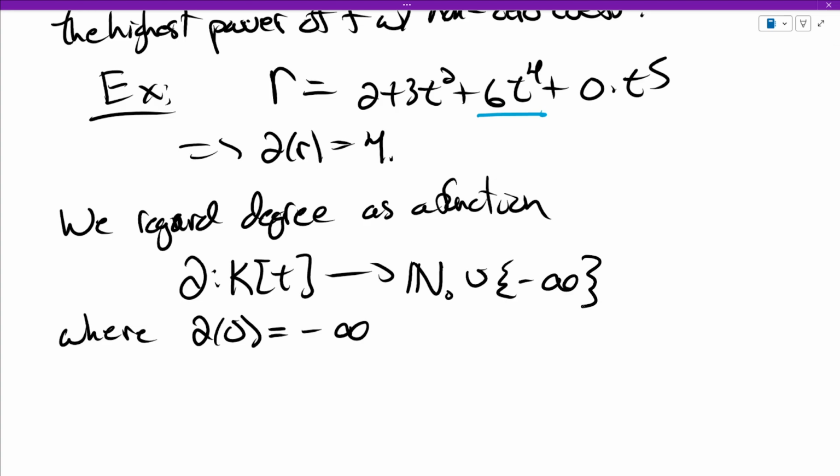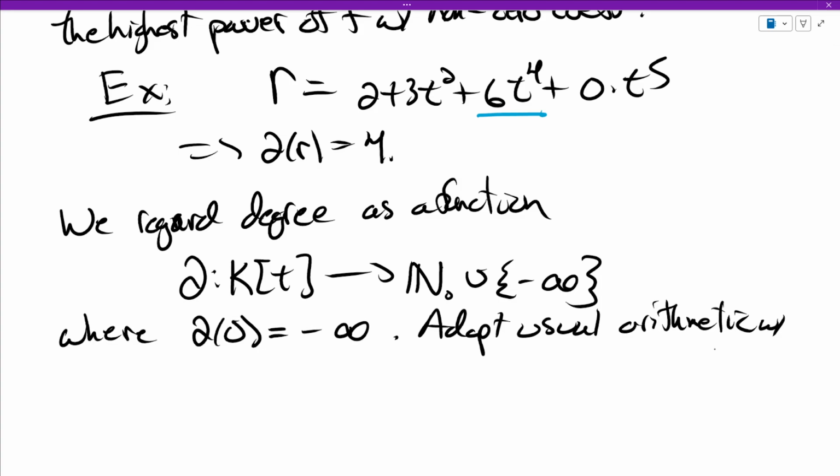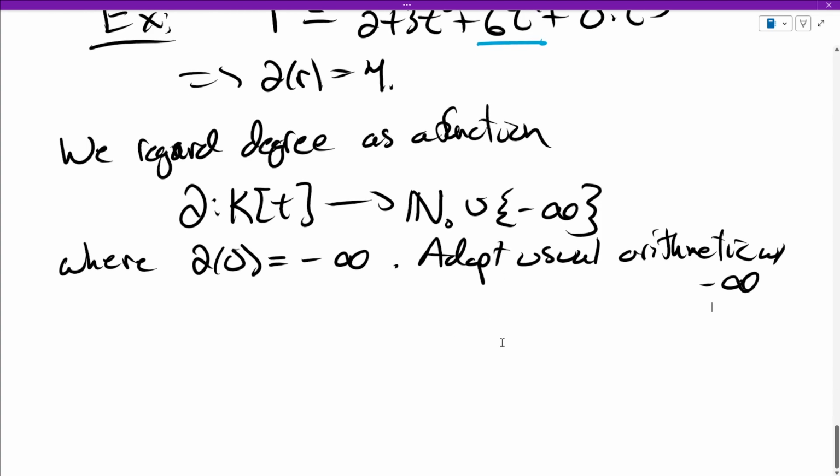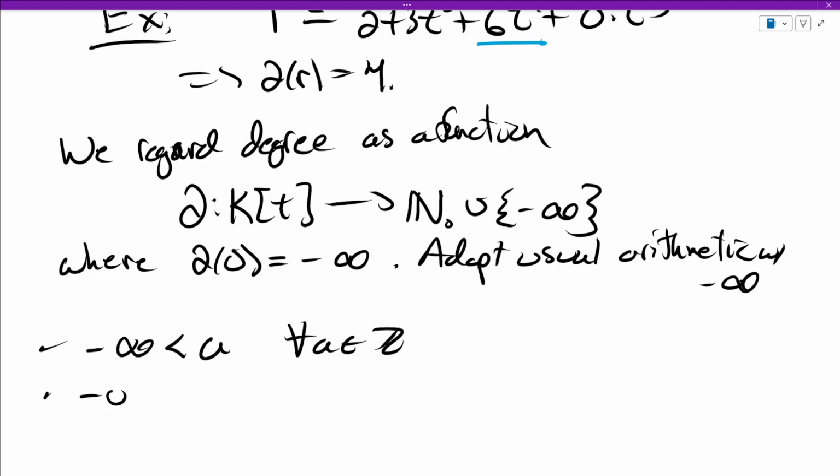We need to add on negative infinity, and we're going to adopt the usual arithmetic with negative infinity, namely that negative infinity is less than a for all integers a, that when you add negative infinity to an integer, you get negative infinity for all integers a.